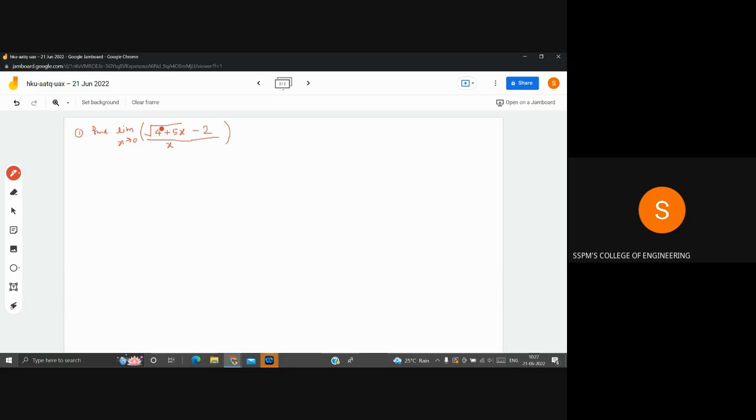This is a simple function. So be careful to understand the meaning of the function. It means root of 4 plus 5x minus 2 is the numerator, and the whole is divided by x. Now in this function, when you apply the limit as x tends to 0, what does it become? Let L equal.